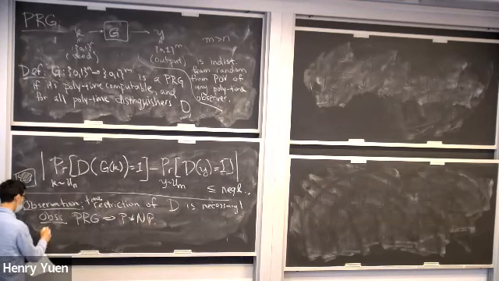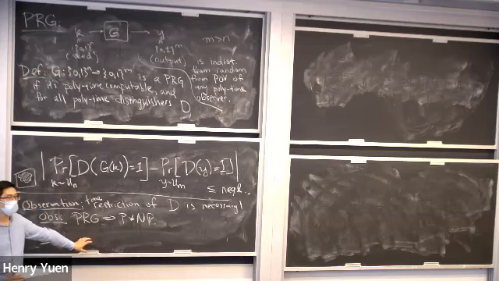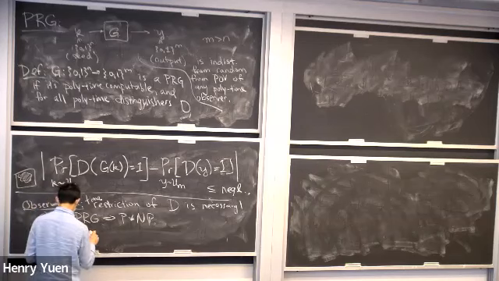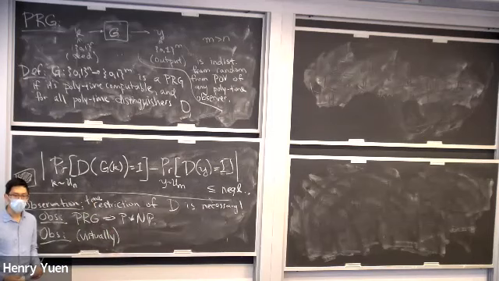People do believe them, or they hope that they exist, because virtually all cryptography relies on the existence of pseudorandom generators. In fact, you can prove that if you have some non-trivial crypto system, and I'm being vague about what I mean by crypto system here, then essentially no matter what crypto system you invent, it inevitably implies the existence of a PRG. You're referring to the equivalence to one-way functions and PRGs? Yeah.